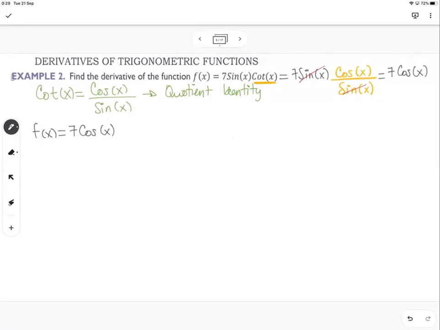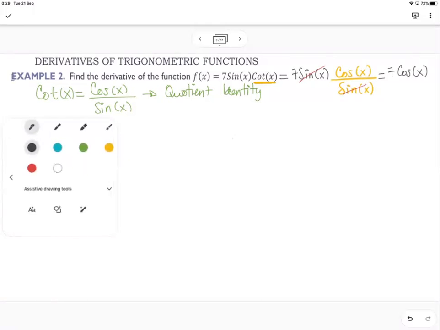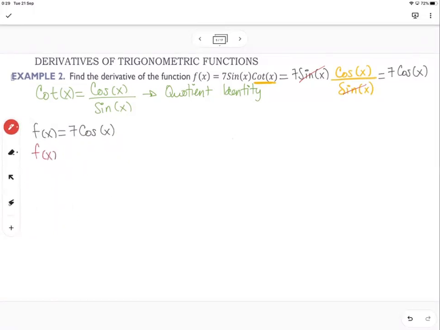So as I told you, always try to use trigonometric identities if possible to make a shorter expression of the given problem. Since it is 7 cosine of x, 7 is just a constant that you're going to paste to the derivative of cosine. We are going to use the formula of cosine of u. The derivative of cosine is minus u prime sine of u. So who is u?